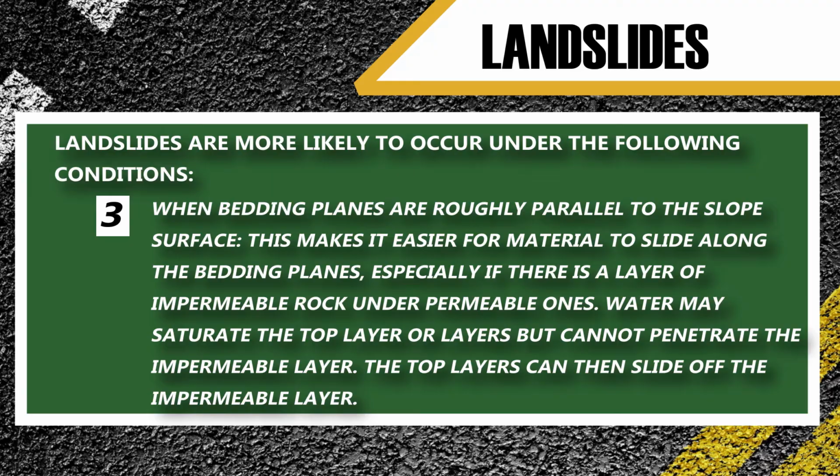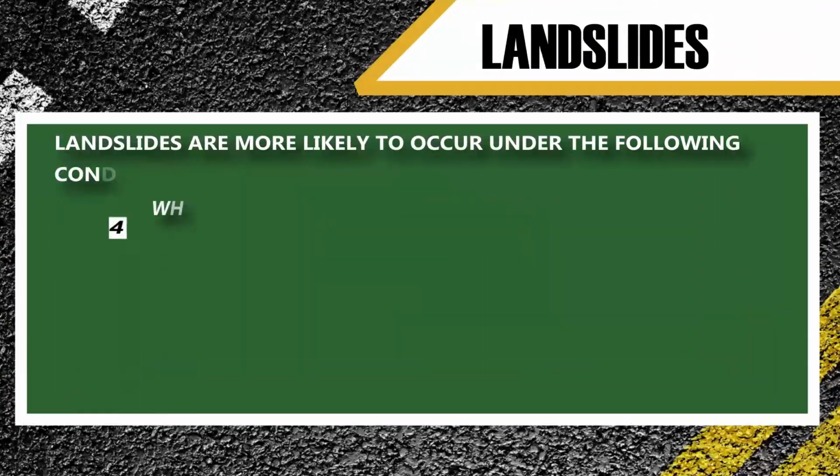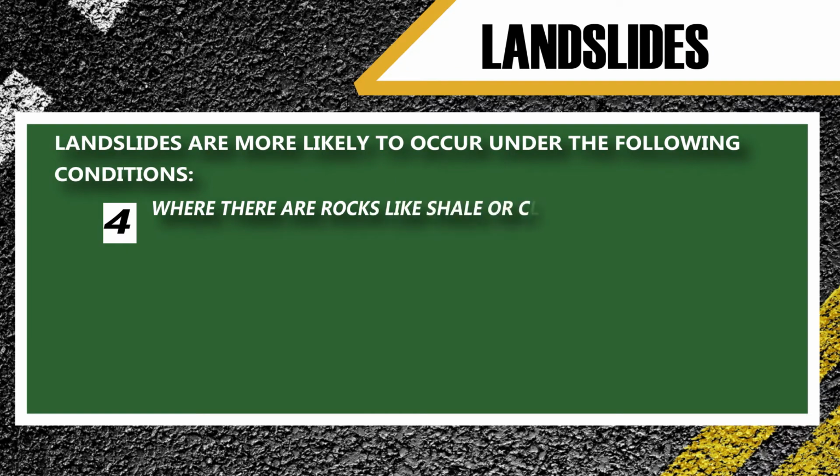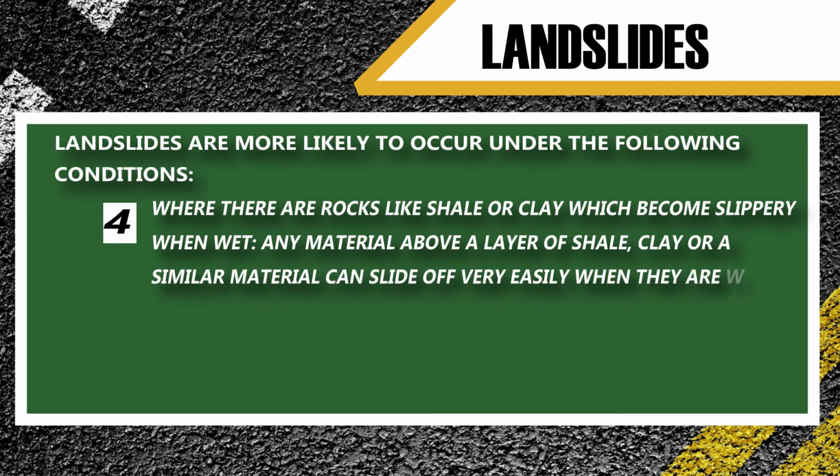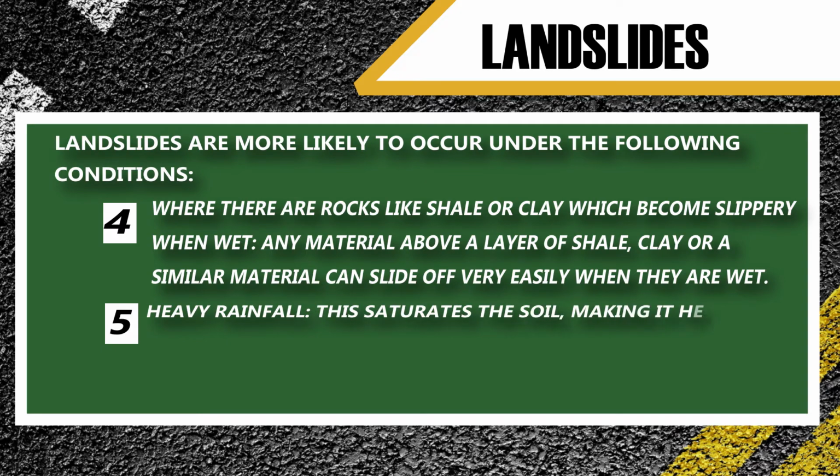That's so dangerous. Next, we have rocks like shale or clay, which become slippery when wet. Any material above a layer of shale, clay, or a similar material can slide off very easily when wet.